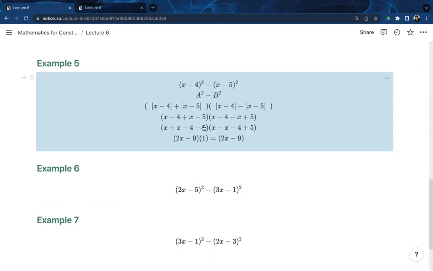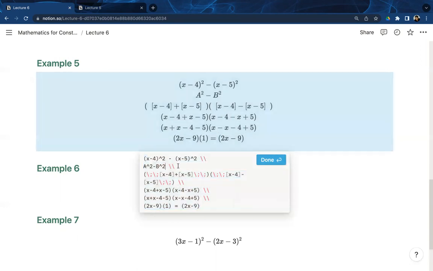What is a? What do you think a is? I'm seeing x minus 4 squared and I'm seeing a squared. So then a is the stuff in brackets, x minus 4. Similarly, b: I have a minus sign between them. What is b? I have something squared here and I have b squared. So obviously x minus 5 is b, right?